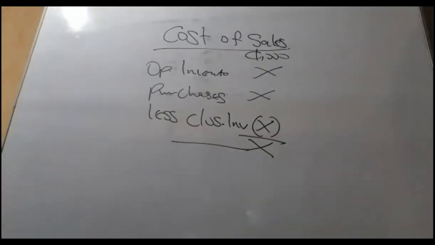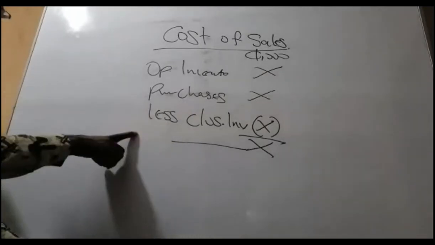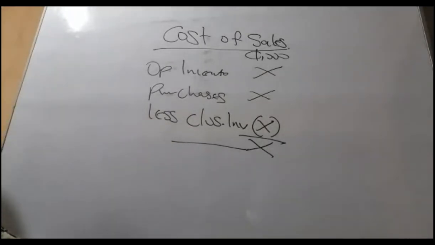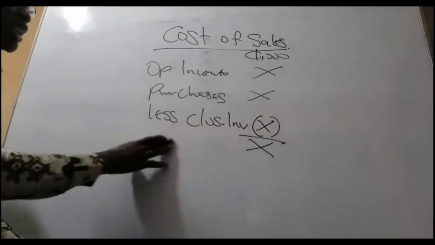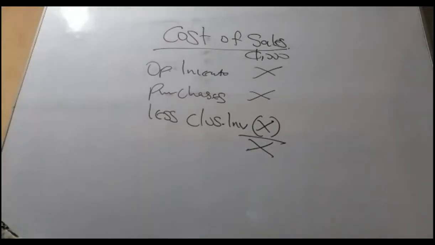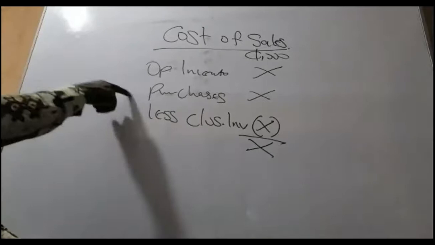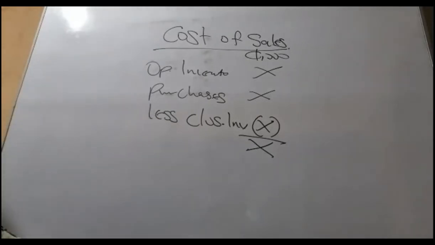So in the trial balance, the cost of sales figure that you see, the examiner has gone through this to calculate it for you. It means that sometimes the examiner will ask you to calculate it by yourself.